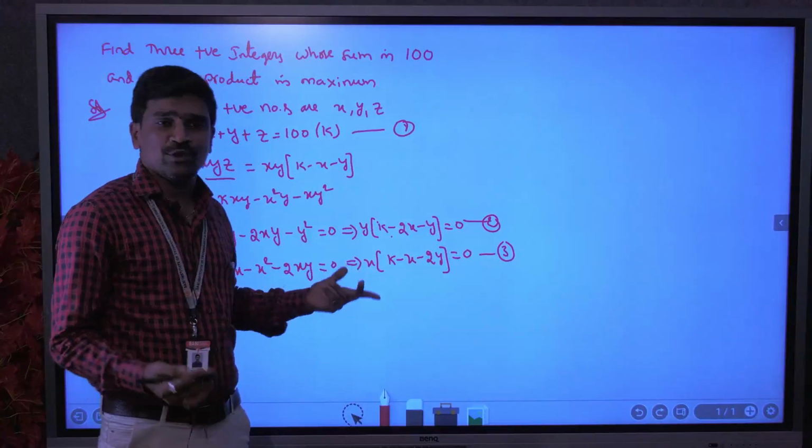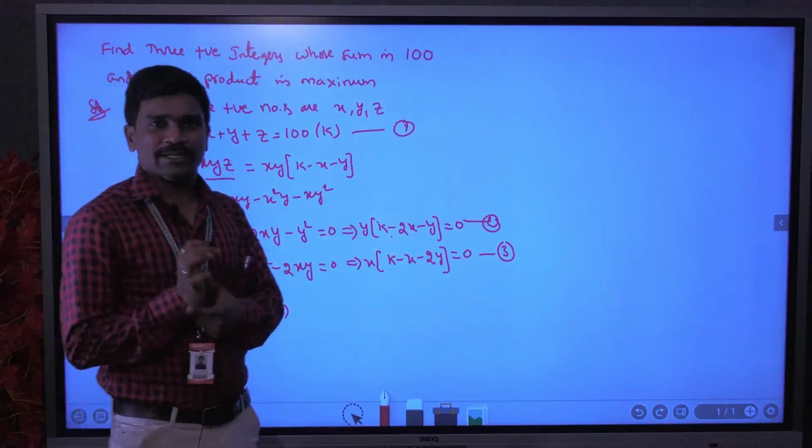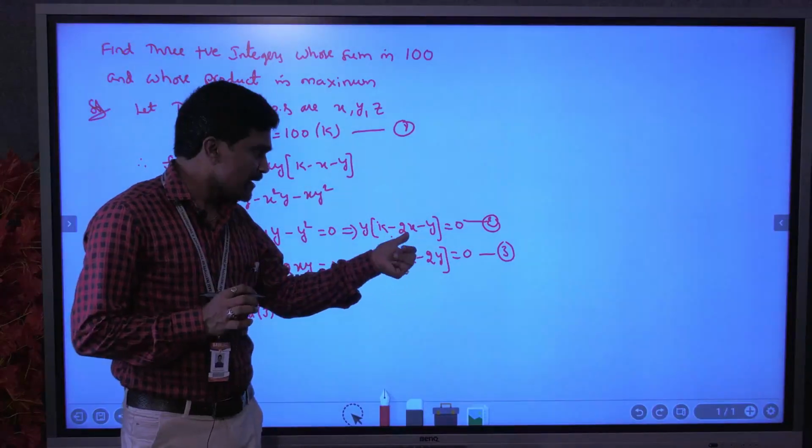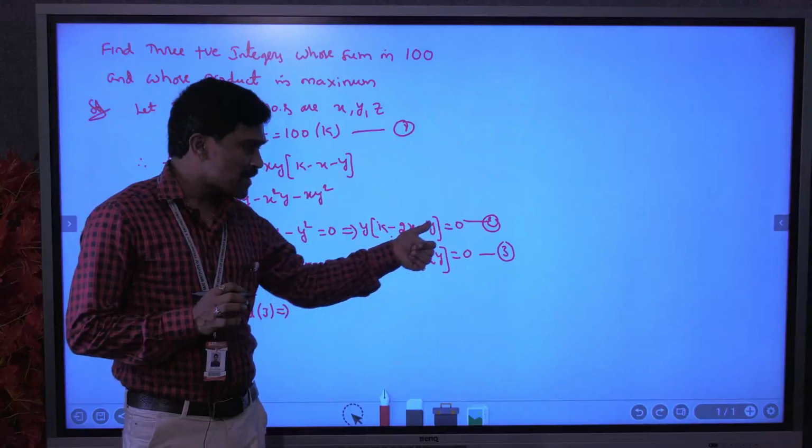So x is equal to 0, y is equal to 0 is 1 point, right? And we get k minus 2x minus y is equal to 0.